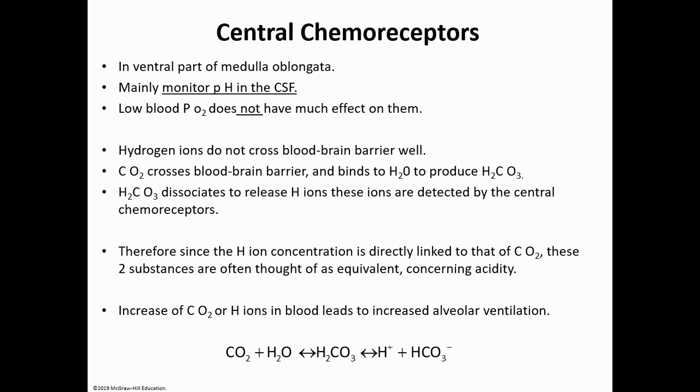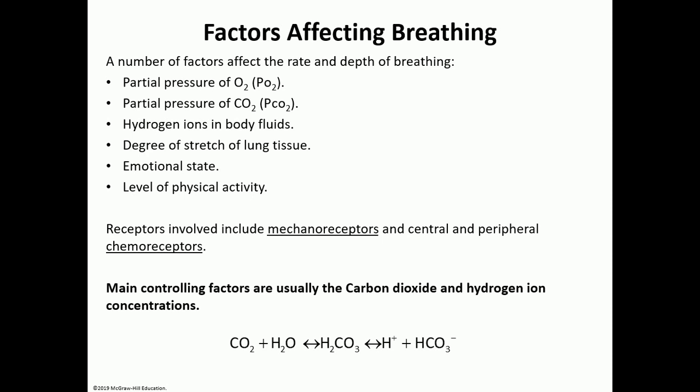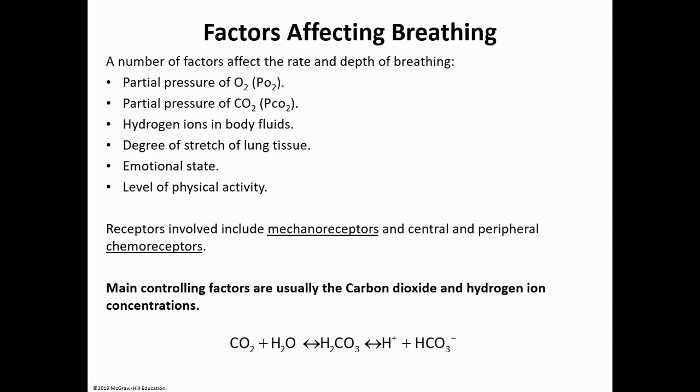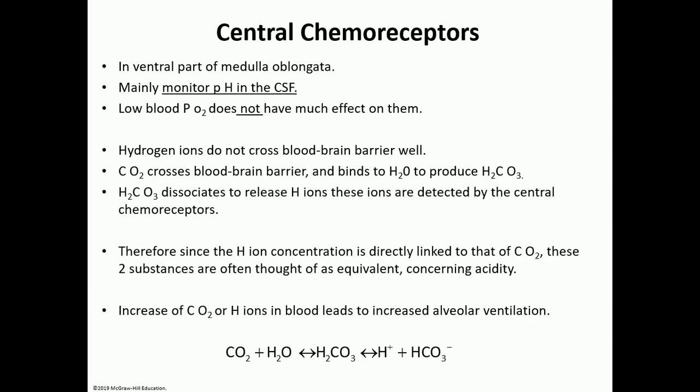So when there are high levels of CO2 and high levels of hydrogen ion, which you could also translate into low pH levels, that is going to stimulate the process of breathing. So these individuals are going to be breathing faster. Okay. My apologies, I skipped that one slide, but the central chemoreceptors are the most important in the whole process of how we control breathing.